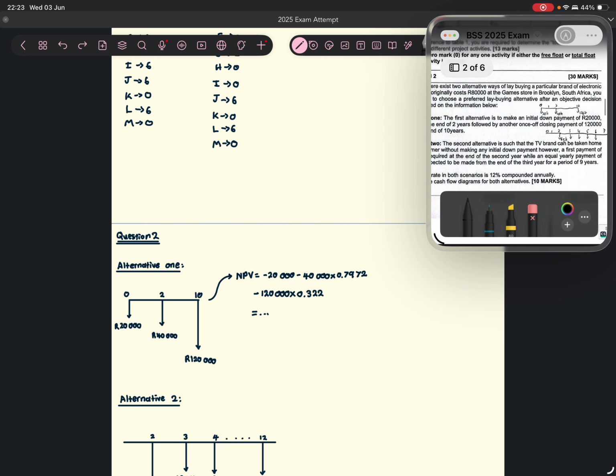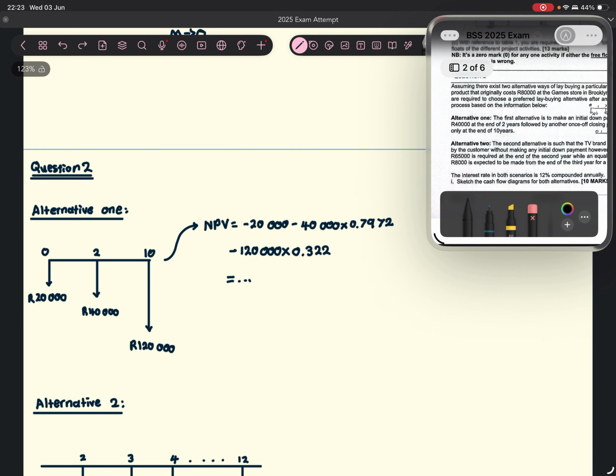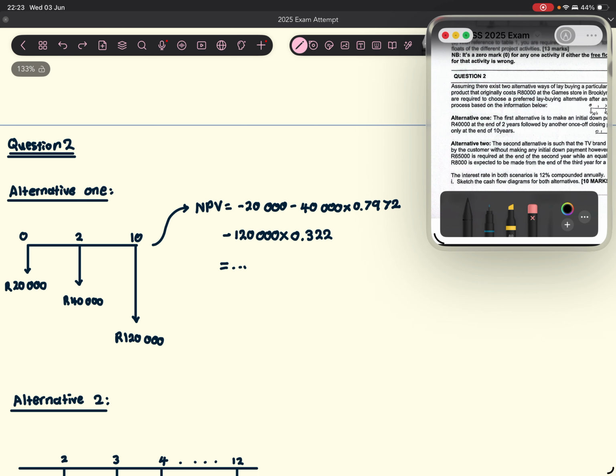So let's start with alternative 1. We start with a down payment of 20,000, then after 2 years we make a payment of 40,000, then after 10 years we make a payment of 120,000.